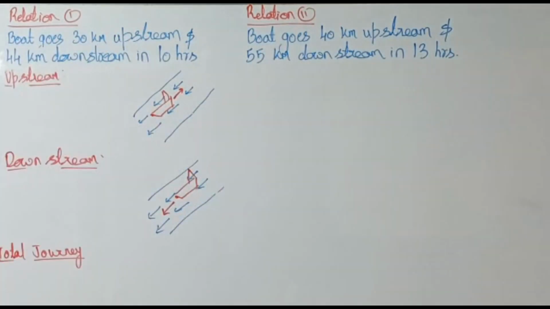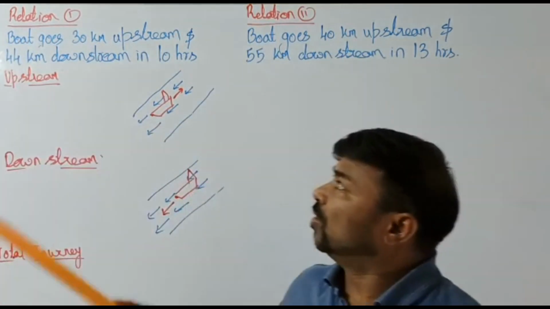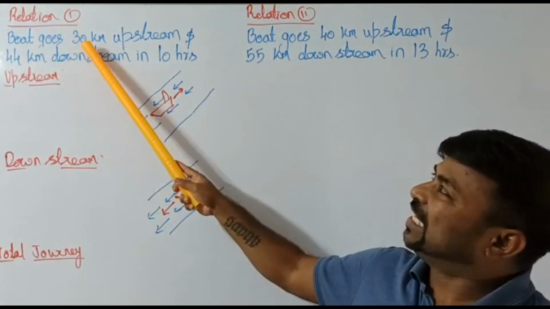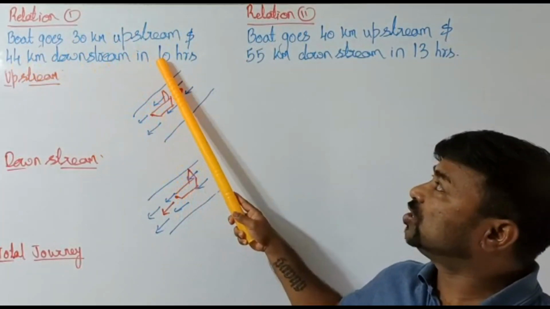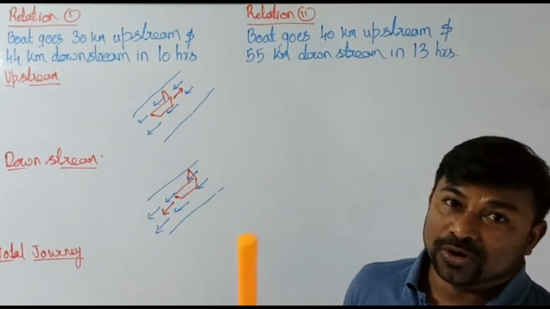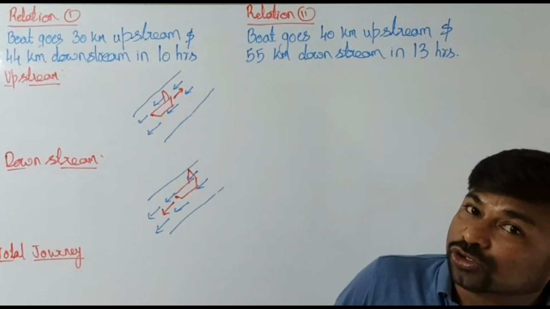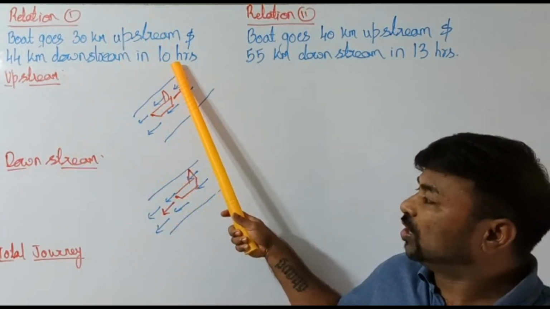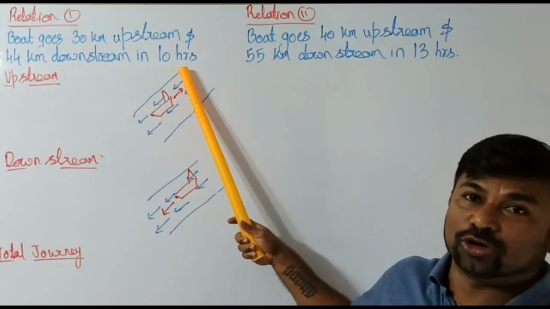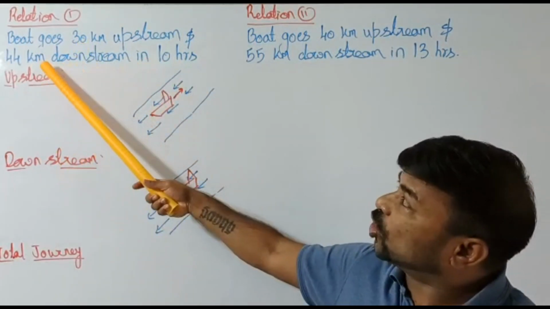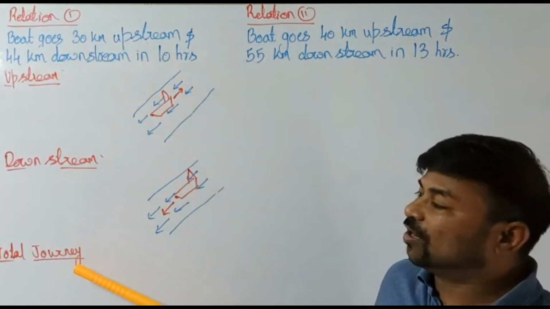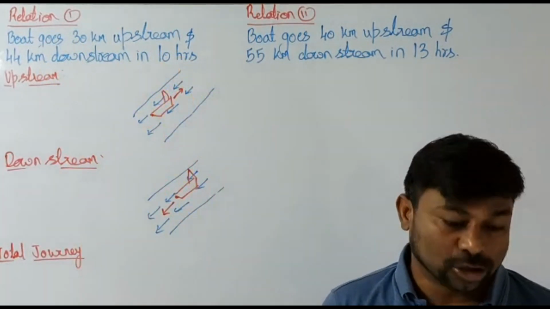The boat goes 30 kilometers upstream and 44 kilometers downstream in 10 hours. Both together, the total journey time is 10 hours. Upstream is 30 kilometers, downstream is 44 kilometers.